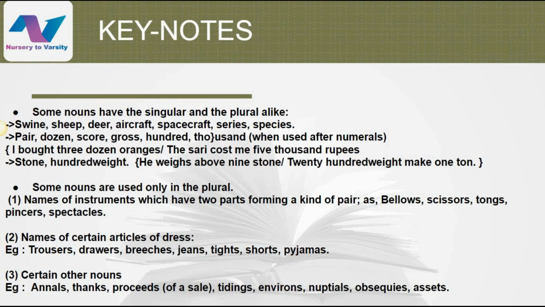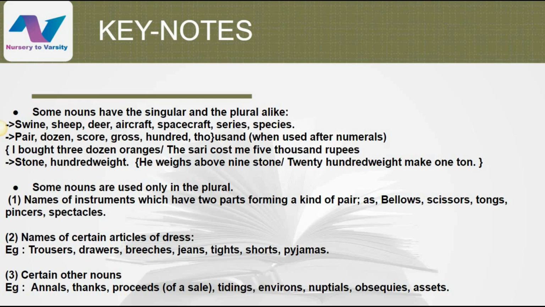So now this is the time for keynotes. According to the first keynote, we have some nouns having singular and plural forms alike. For example, swine, sheep, deer, aircraft, spacecraft, series, species. These are words you have never heard as sheeps, deers, aircrafts.